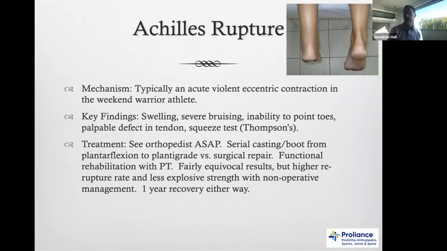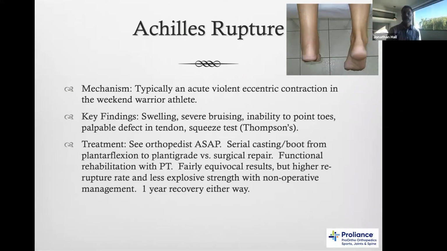And they feel a pop, even an audible pop. If those things happen, to my physical therapist friends as well as everyone else, it's important to be evaluated very quickly and put yourself into a boot, a splint, something that plantar flexes, points your toe down, because that gives you every option after that.